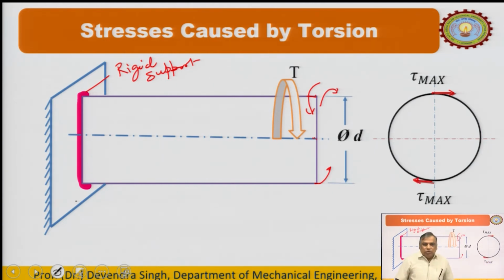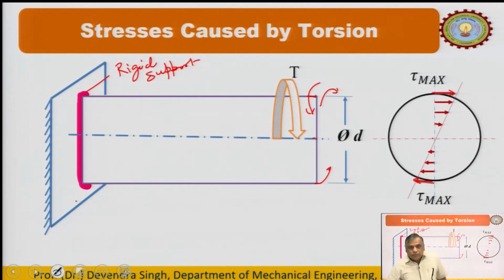Then the torsion formula, you have studied in Strength of Materials. If you look at it, this will deform uniformly, linearly we assume, and the stress distribution will be like this. This is the maximum, then it will come to the lesser one, then here this is 0.